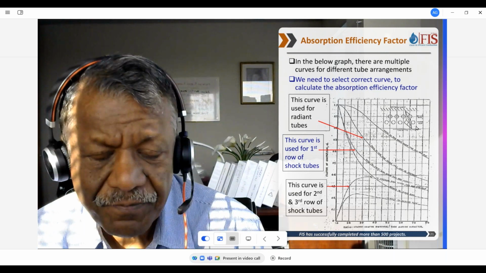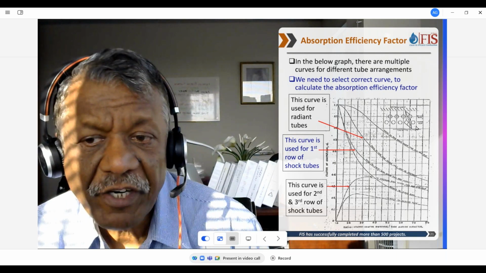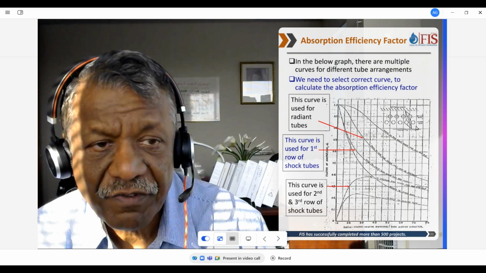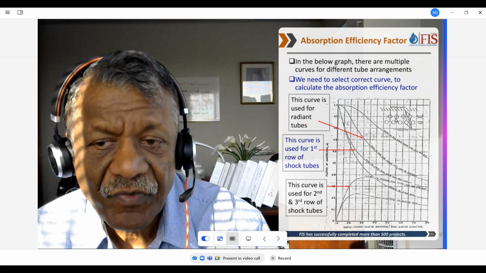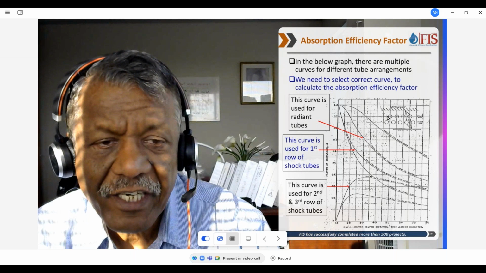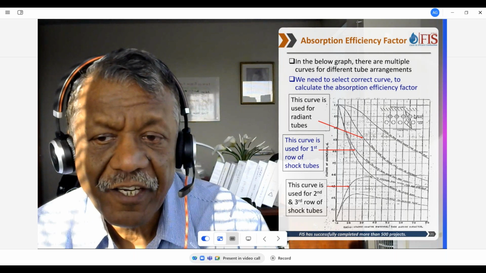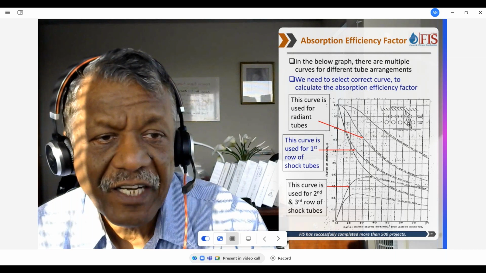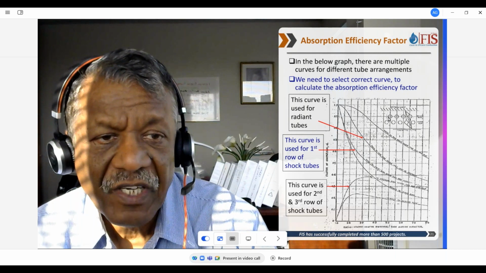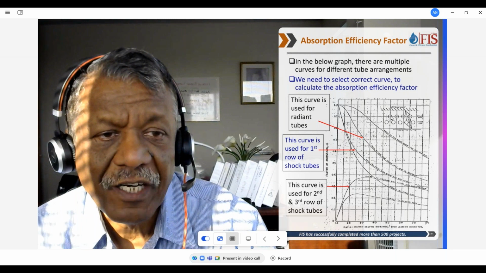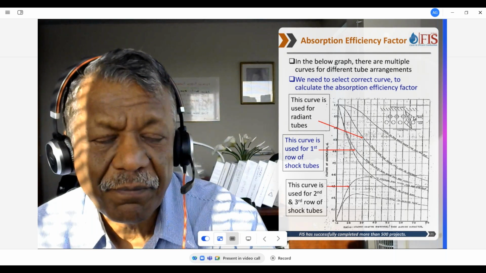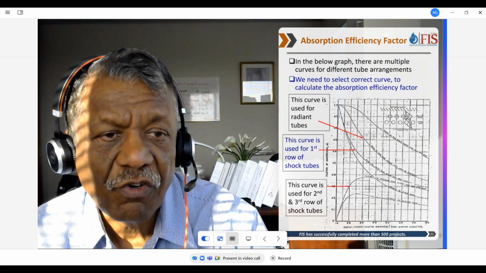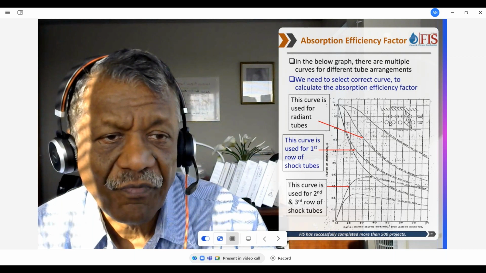But as per Lobo and Evans, what they found was that the second row of tubes, which is in the back, was absorbing only 10 to 12% of the heat. Almost 88% of the heat is absorbed by the front row of the tubes. So that is why in the later designs, they removed the second row and just went with 1 row of tubes.